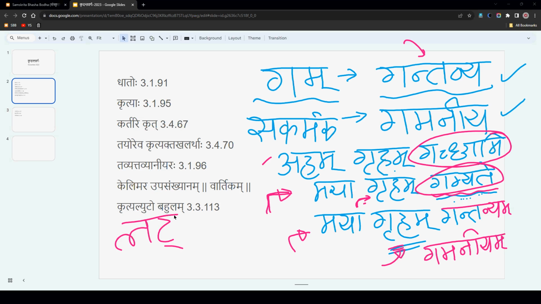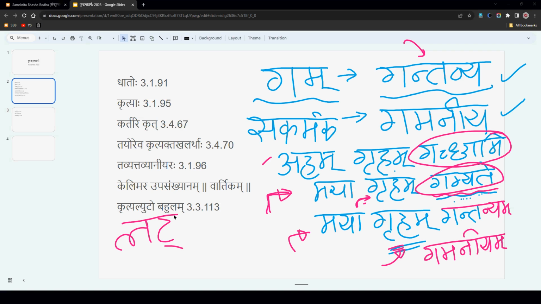That is lat lakara. But now, maya graham gantavyam, maya graham gamaniyam, these are not in that vartamana kala sense. The house should be reached by me. There is a should-be sense there: the action is to be done, supposed to be done.